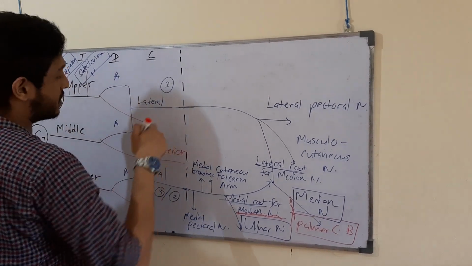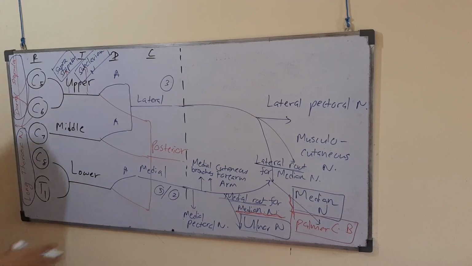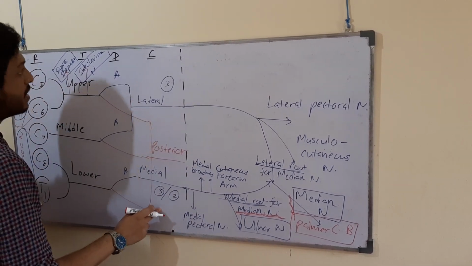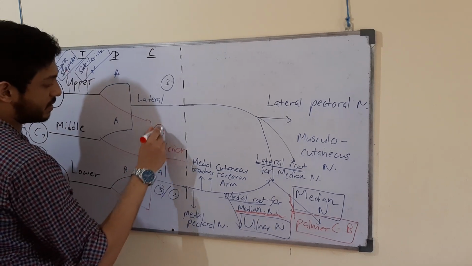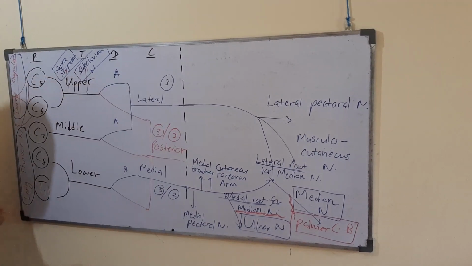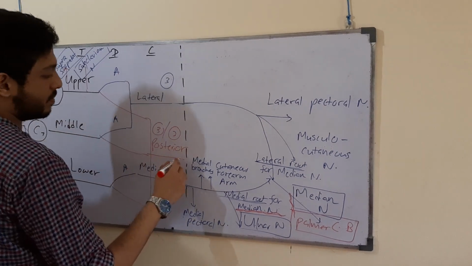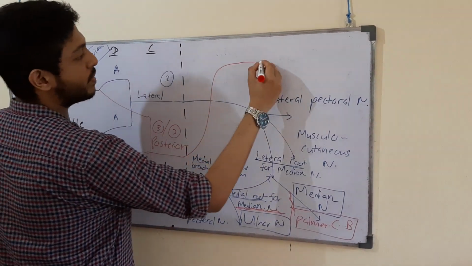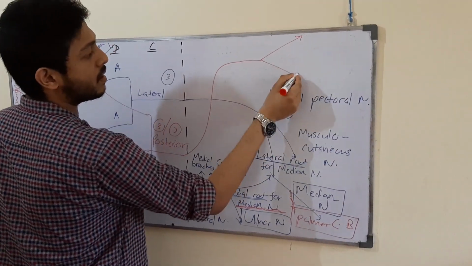So let's move on to the posterior cord. Now the posterior cord branches are similar, the structure is similar to the medial cord, which I will write as 3-2. I'll bring it up here, I guess. The main two branches, right?